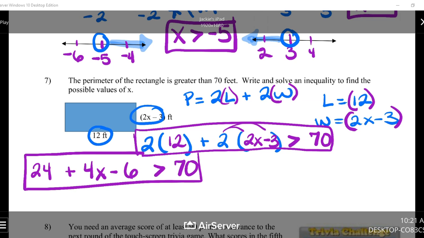So combine like terms on the left. 24 minus 6 is 18. Subtract 18 from both sides.